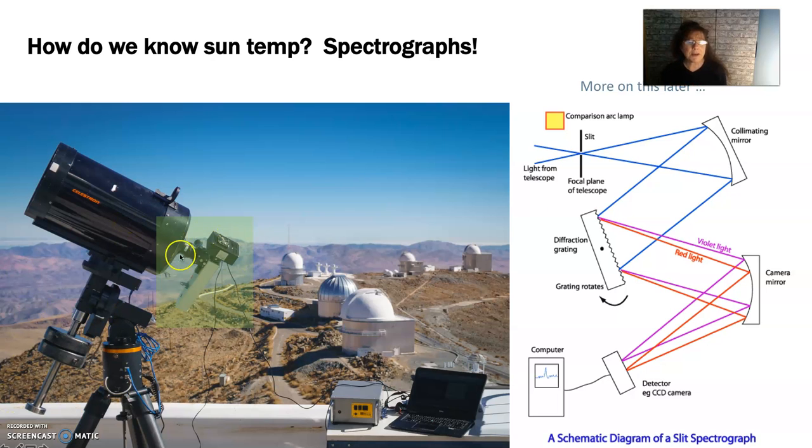An example of a spectrograph is this device loaded onto the eyepiece of a telescope, and it's in my favorite place, Mauna Kea volcanoes and the telescopes in Hawaii. So when you see a device put onto the eyepiece of a telescope, you'll know that that is a spectrograph.